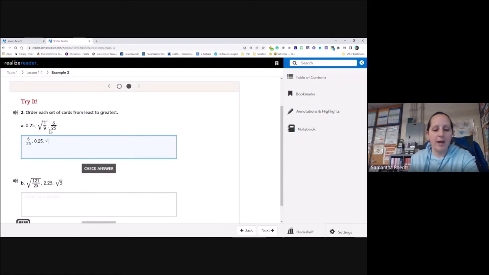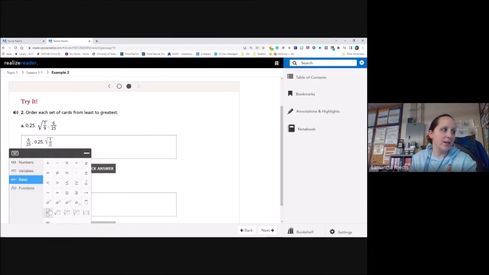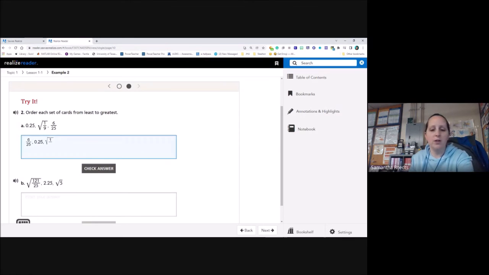So I have 1, and then you're going to look for the question mark button on your computer. That gives you a slash, which in Savvas is going to automatically give you a fraction. If you don't want to remember that, that's fine. You can go back down here and hit the fraction button. Okay. So 1 over 9.